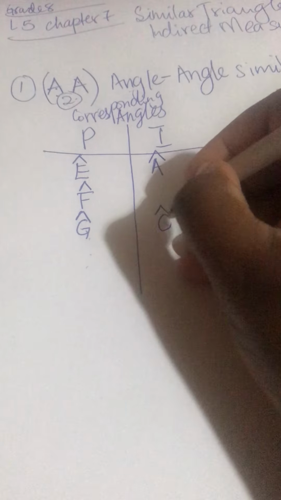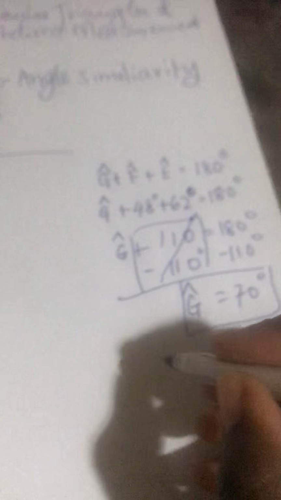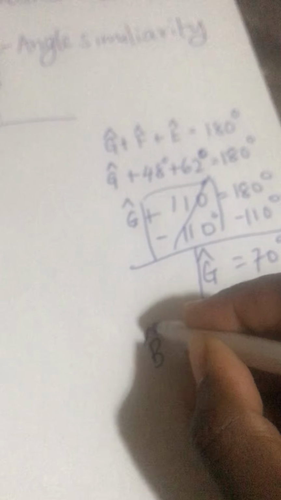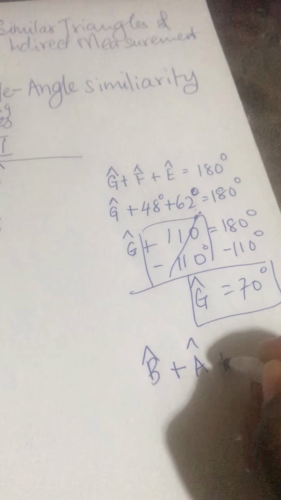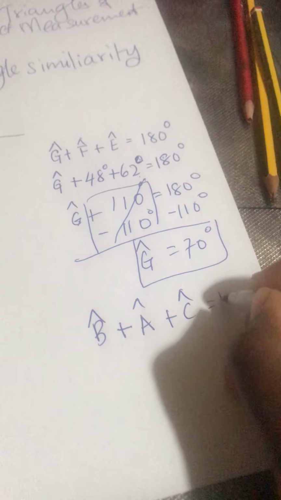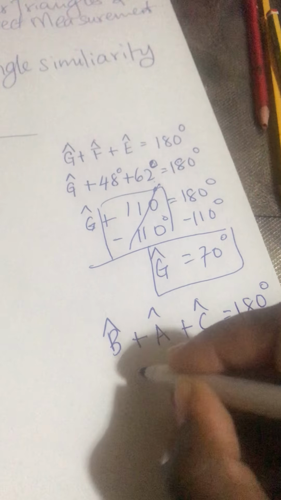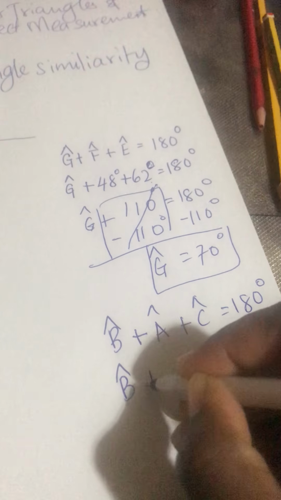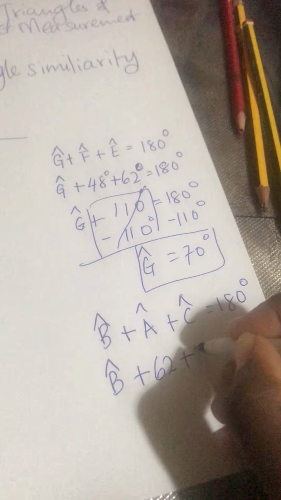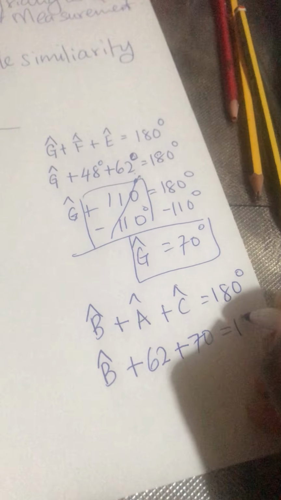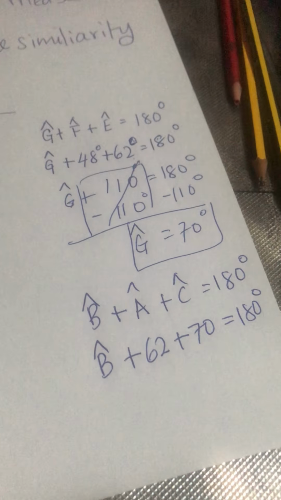See how I checked? So if G goes with C, then F will have to go with B, but I have to confirm. Angle B plus angle A plus angle C should give me 180 degrees. I don't know angle B. Angle A is how much? 62. And 70 is 180 degrees.